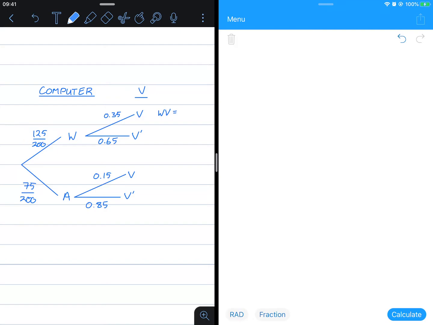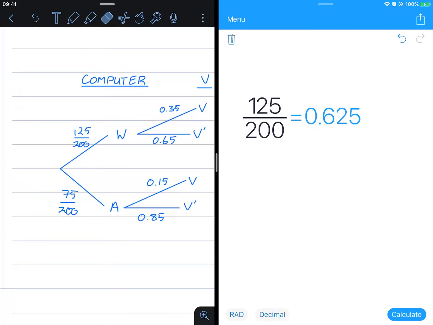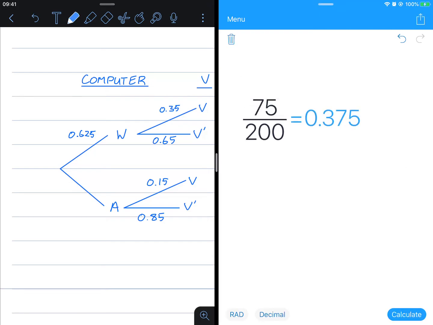Let's convert these into decimals. Let's see if it's nice and neat actually. Yeah, 0.625. Let's convert these, and 75 out of 200 is 0.375.